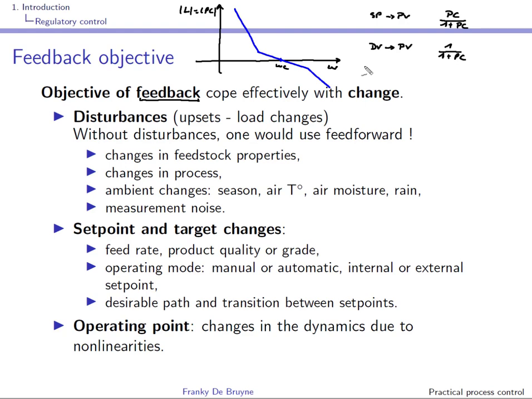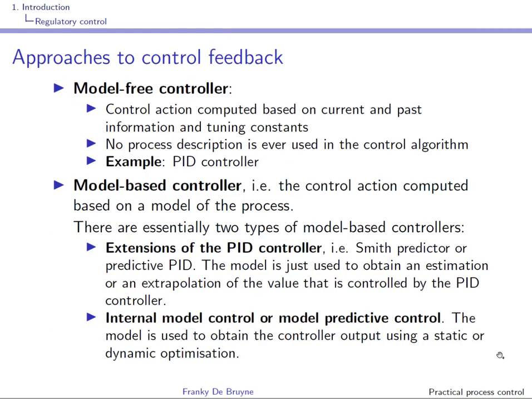change in the process. There are essentially three approaches to feedback. The first one is the model-free approach. The control action is based on current and past information and tuning constants, but the process description is never used in the control algorithm itself.